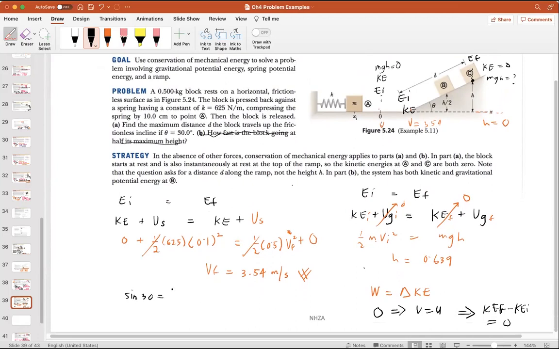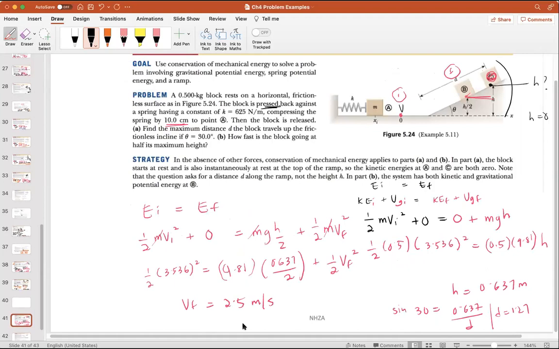Sine 30 is equal to 0.639 over D. So D should be 0.639 divided by sine 30. Kenapa dengan kalkulator saya? Saya rasa kalkulator saya rosak. So 0.639 divided by sine of 30. Okay, dapat dah. 1.278, 1.28 meter.